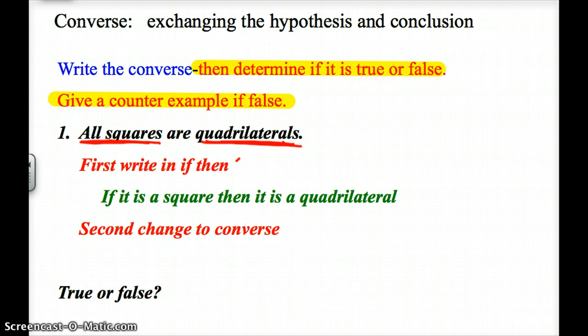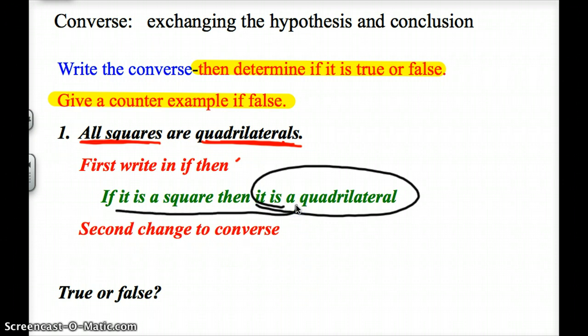Now the next thing I need to do is make the converse. So the second thing you're going to do is change it to the converse. The converse says, take the conclusion and move it to the front.